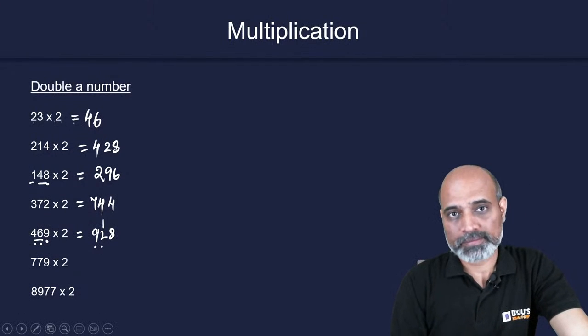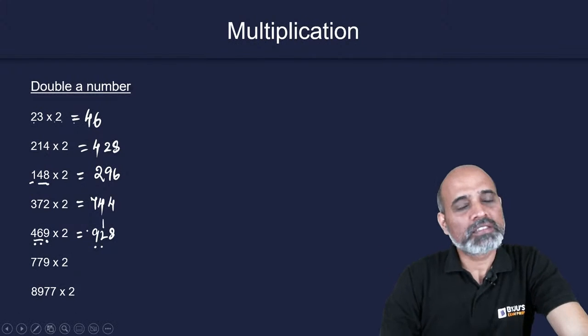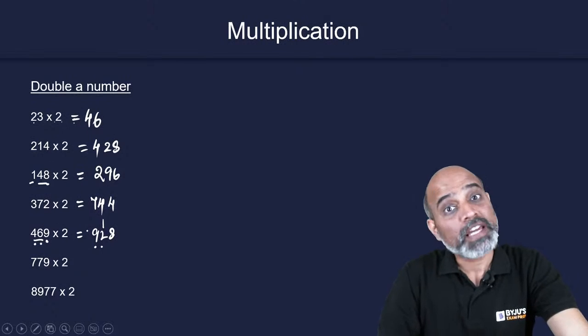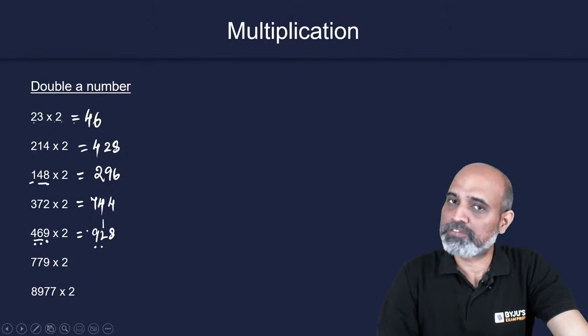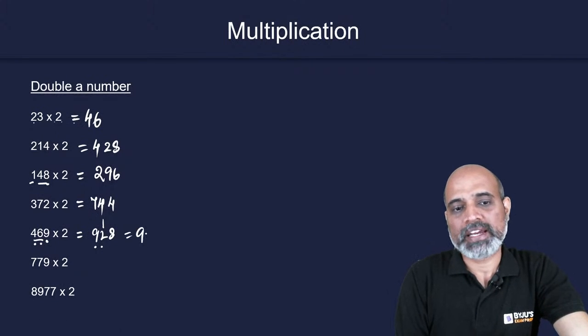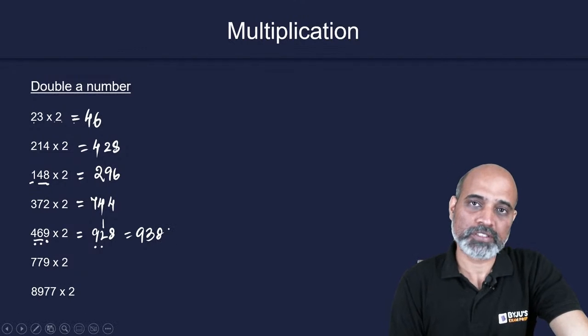Carryover. What do we do with carryovers? It has been consistent since childhood, since you started studying: there is only one thing to do with a carryover. We add. We never subtract, we never multiply, we always add. So 92 plus 1 is 93. 938 becomes your answer.